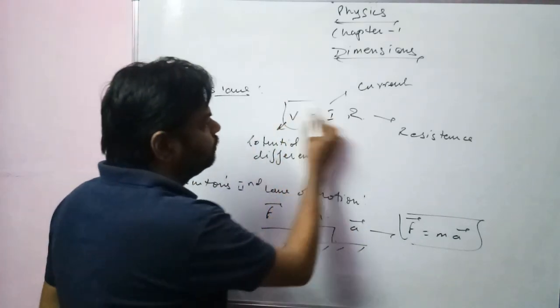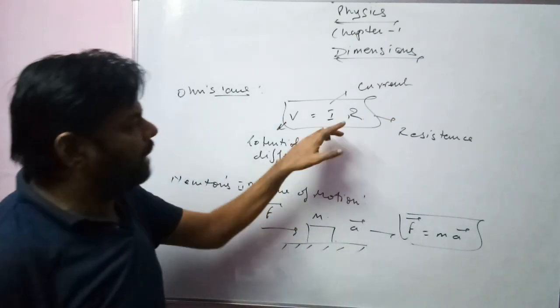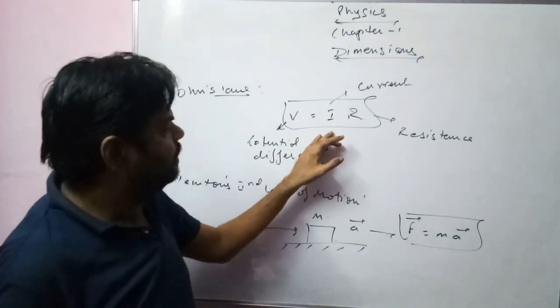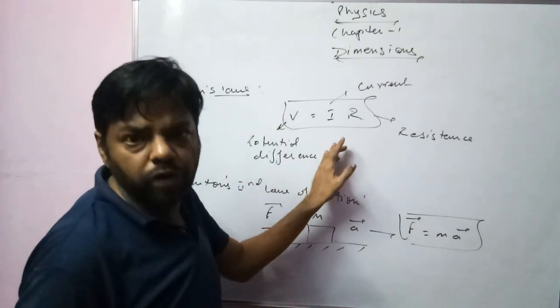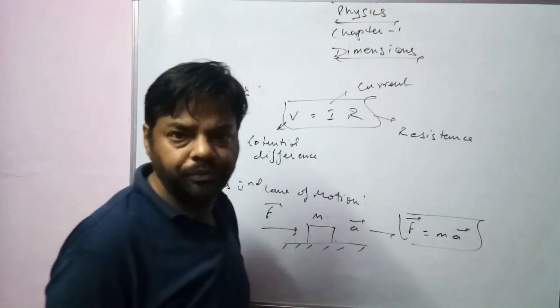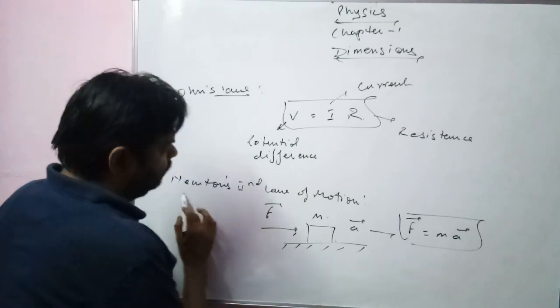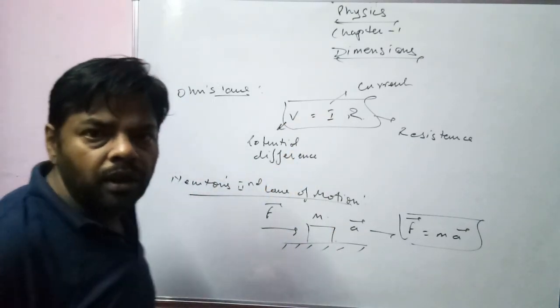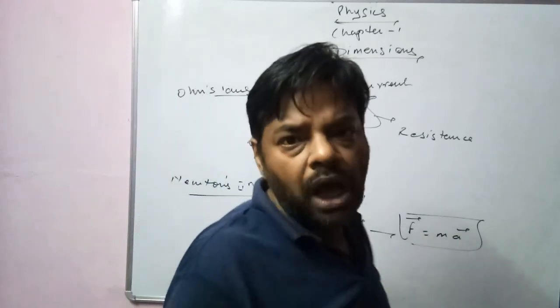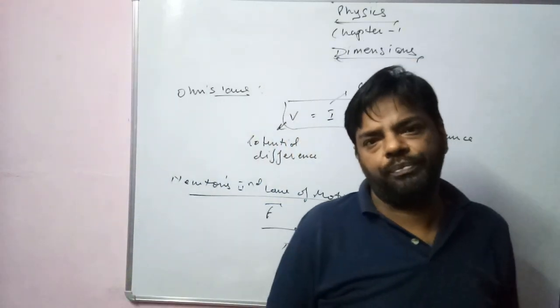In Ohm's law, the mathematical notation is that the potential difference applied is equal to the product of current and resistance of the conductor. Now, since we have Newton's second law of motion and Ohm's law, what are we going to study in our physics?